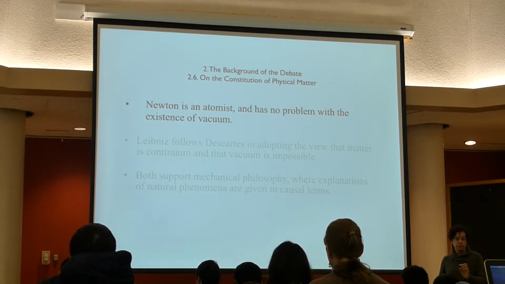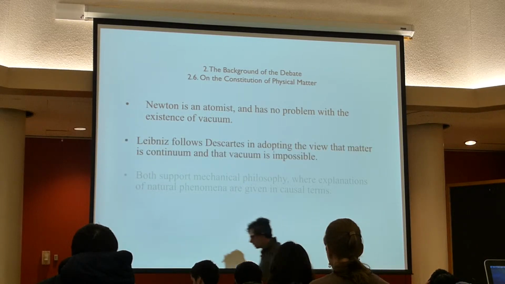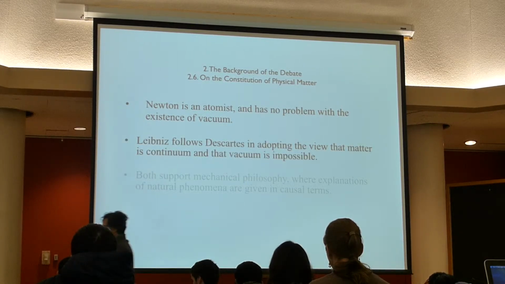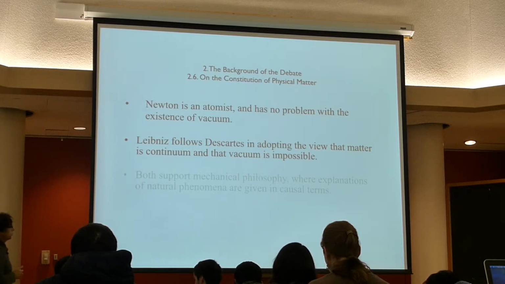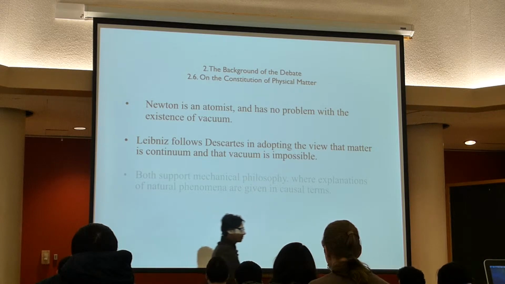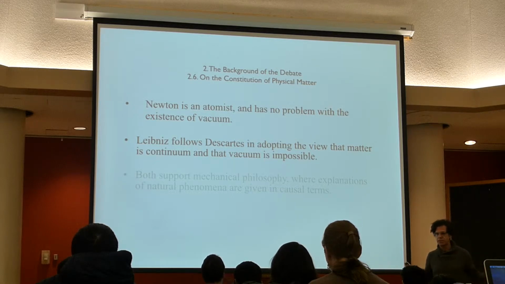So actually atoms are a very, very small percentage of space and time. And Leibniz follows Descartes in adopting some aspect of the view that matter is a continuum and vacuum is impossible. So it's more like a difference of density, but there is no vacuum.